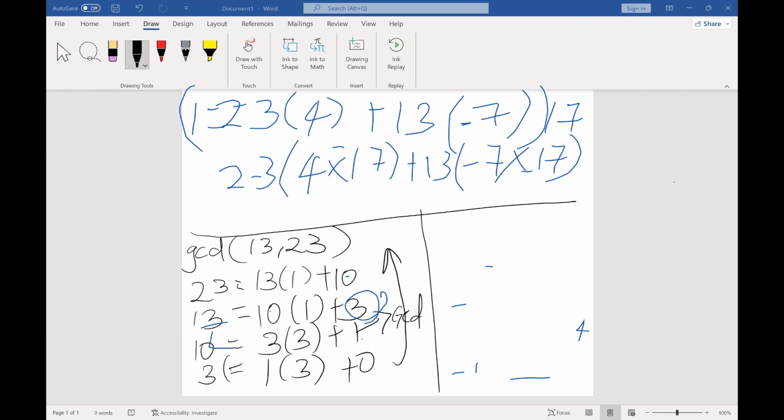Okay. Still, let's solve your part because we're interested in the x. So this will give us -119 with 23.